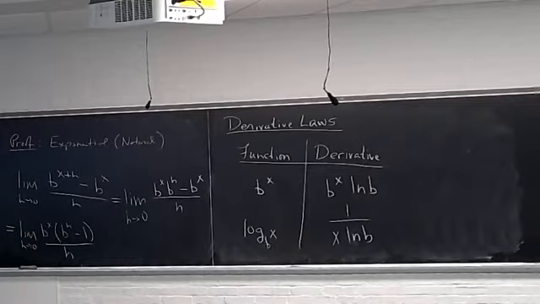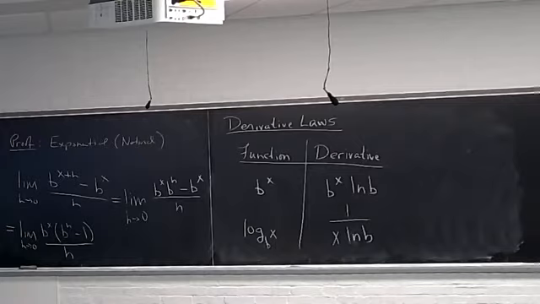Now, what can we do here? We can actually pull b to the x out because this limit is as h is changing. b to the x doesn't have any h's. So it's b to the x times that.